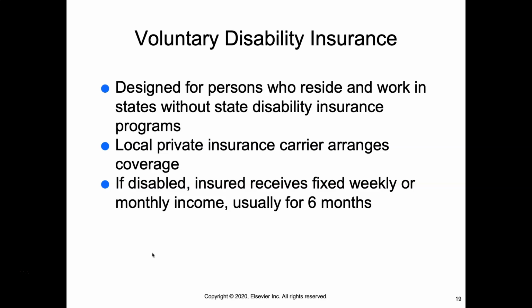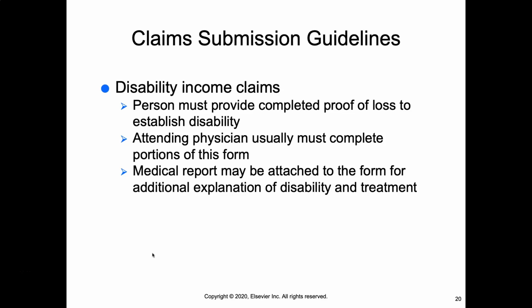All right, voluntary disability insurance. This is designed for people who reside and work in states without state disability insurance programs. There are local private insurance carriers that offer coverage, and if disabled, the insured receives fixed weekly or monthly income, usually for 6 months. Then we get to claim submission guidelines. Again, I'm going to skim over this because this is information that you would learn on the job if you're going to be doing billing.